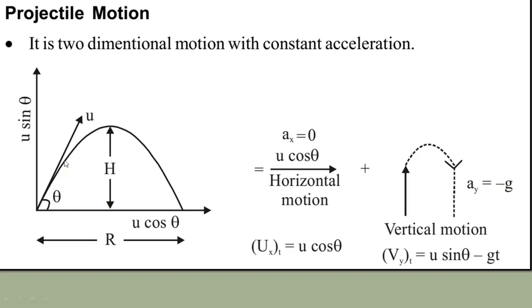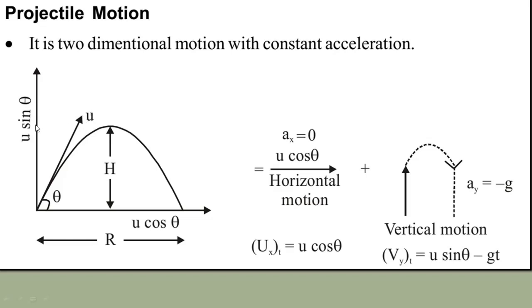If we throw the object in this fashion with initial velocity u, it will reach a maximum height capital H and then come down to the earth. This is the angle theta with which we have thrown the object with initial velocity u.